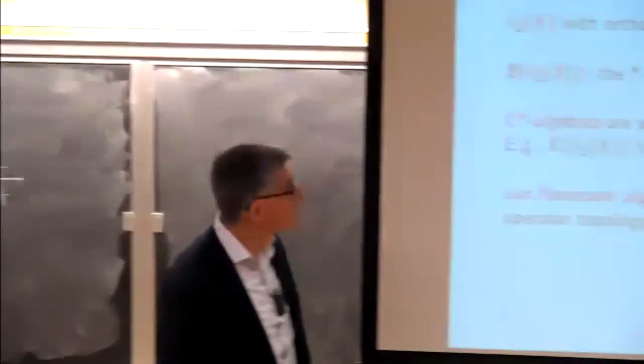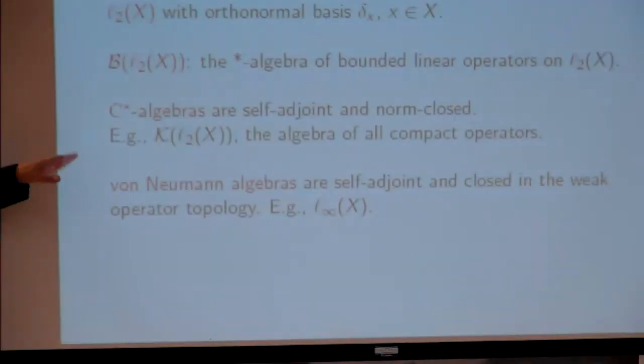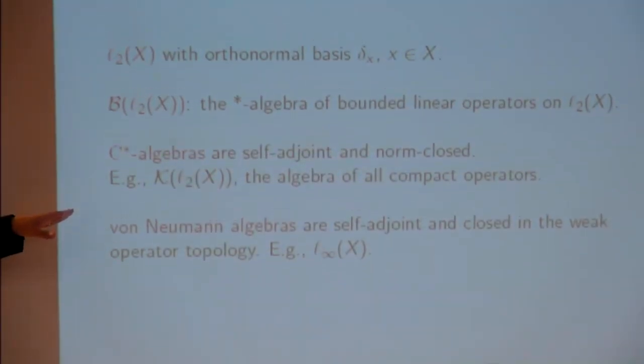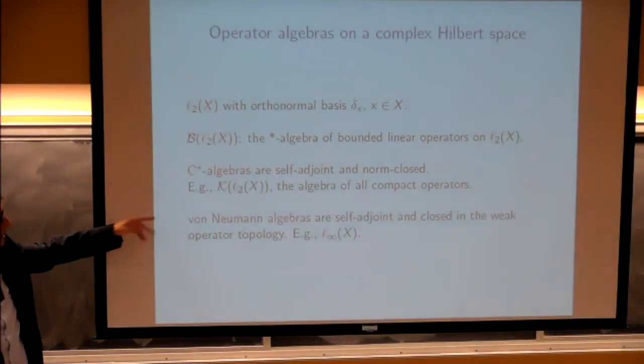And two kinds of operator algebras. First, C-star algebras. Those are self-adjoint algebras which are also closed in the norm topology. And even more closed, von Neumann algebras, again self-adjoint and closed in the weak operator topology.